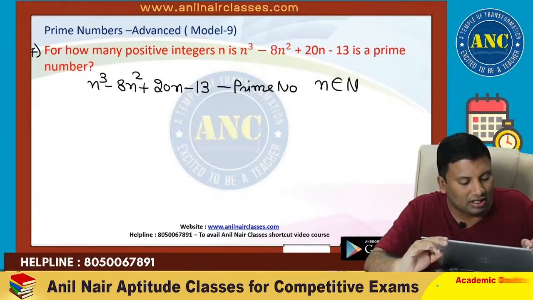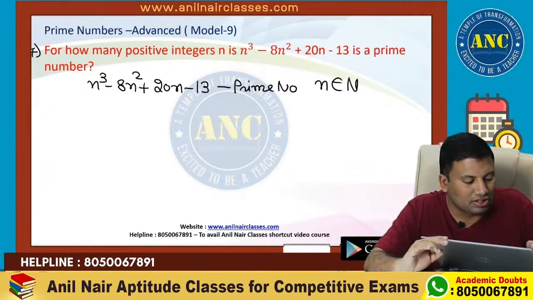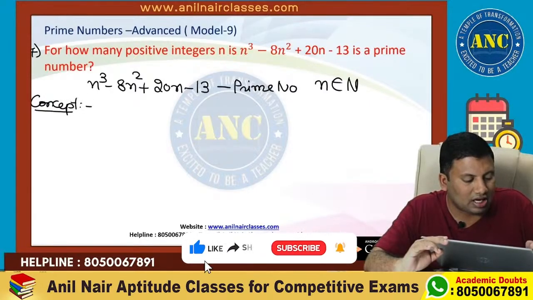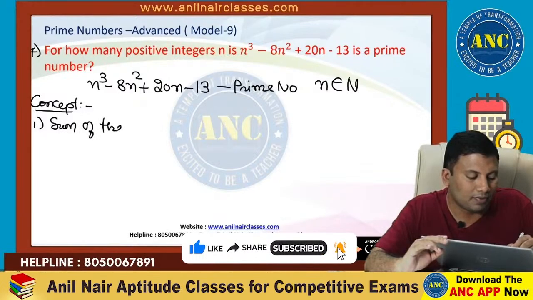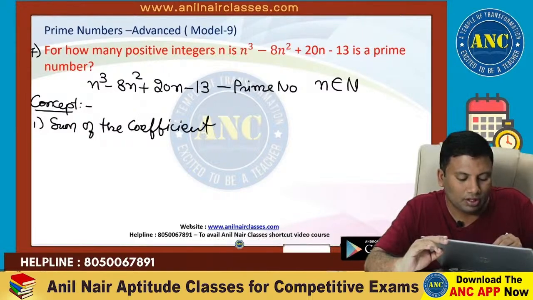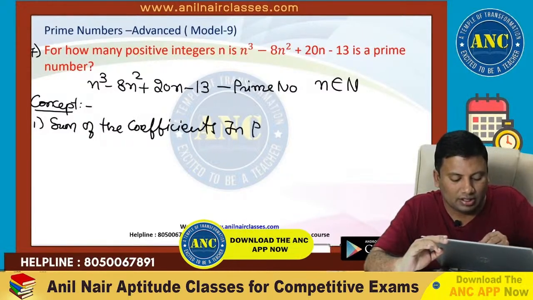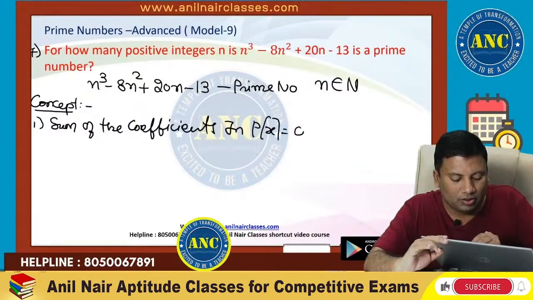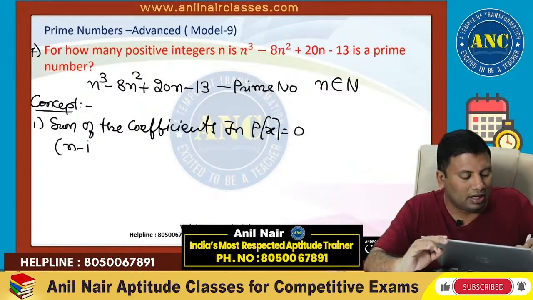Now first write down the concept. If the sum of the coefficients in P of x is equivalent to 0, then n minus 1 is a factor.